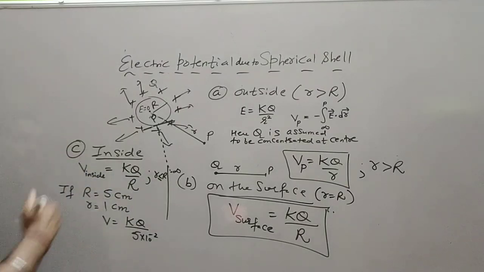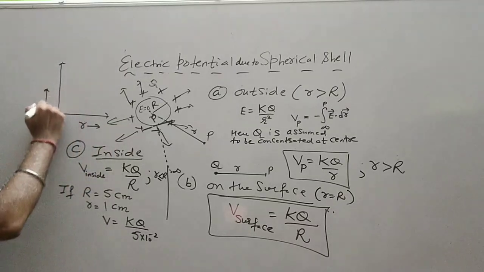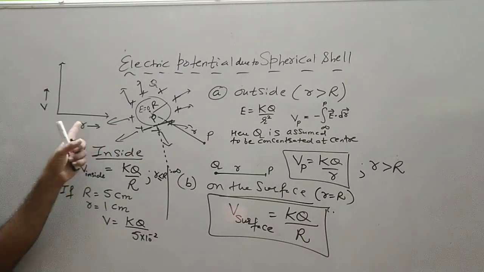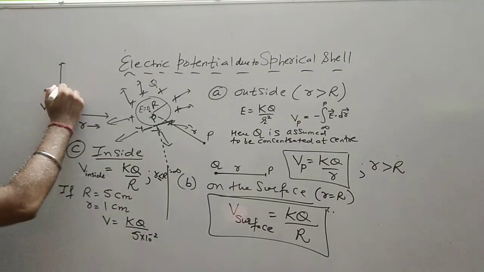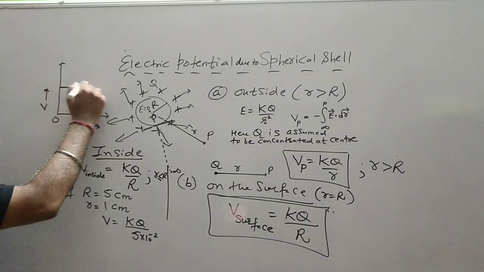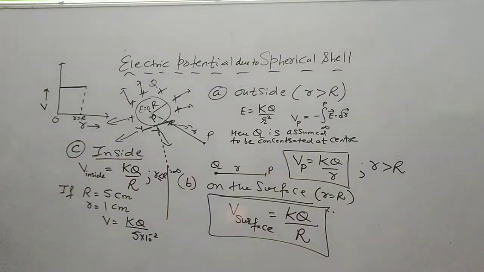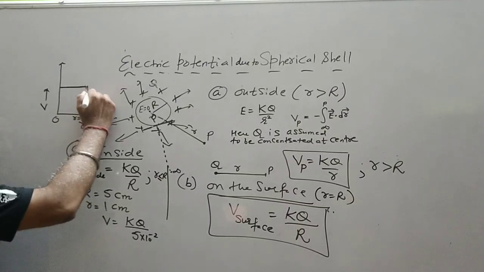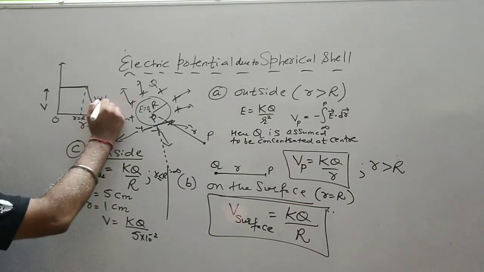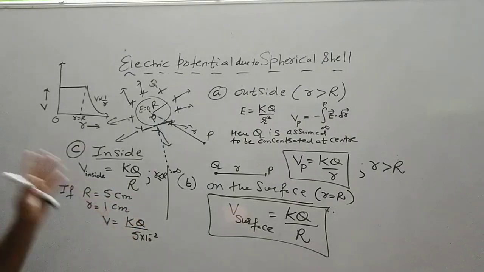So if we plot a graph for potential versus distance of a point P from the center, this will be a straight line, that is, the potential is constant inside. This point is r equal to capital R, and then the potential V is inversely proportional to r. Whether the point P is 1 centimeter, 2 centimeter, till 5 centimeter, the formula will remain kq upon 5 centimeter.